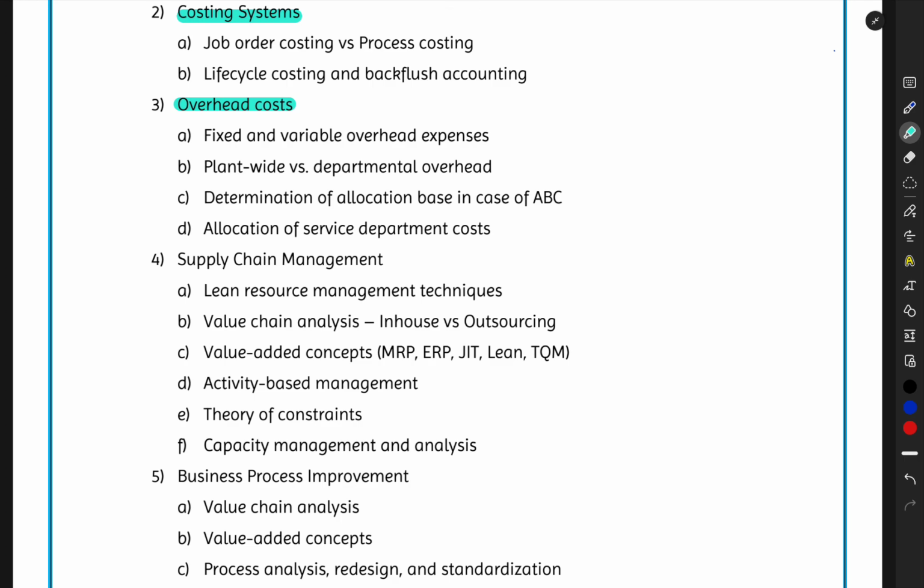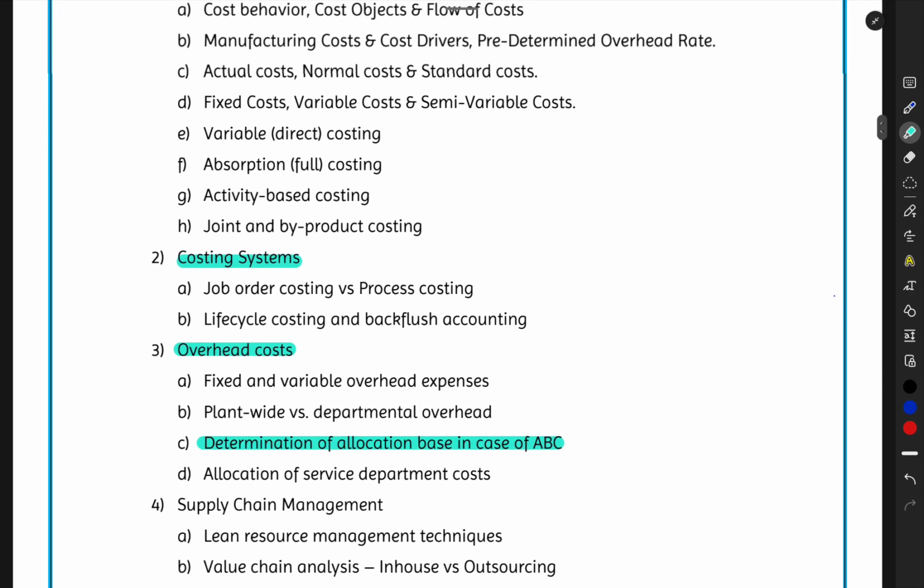Then we are going to talk about determination of allocation base in case of ABC. For absorption full costing, how is the overhead rate determined? This is a small problem with the CMA syllabus order.